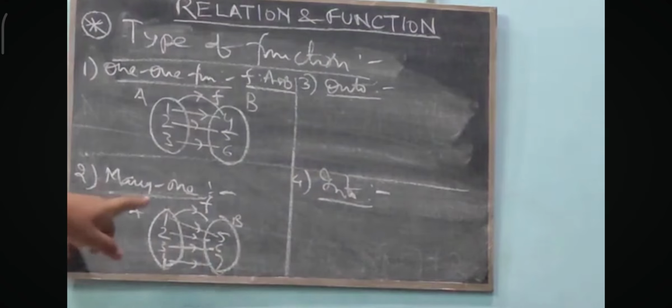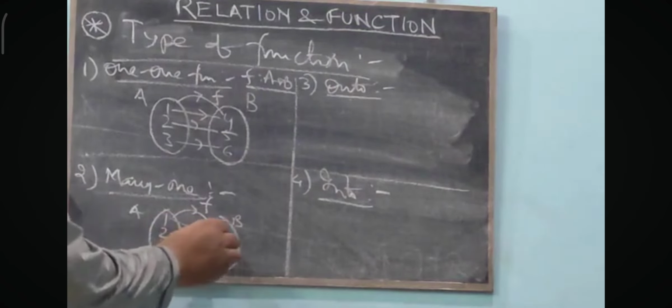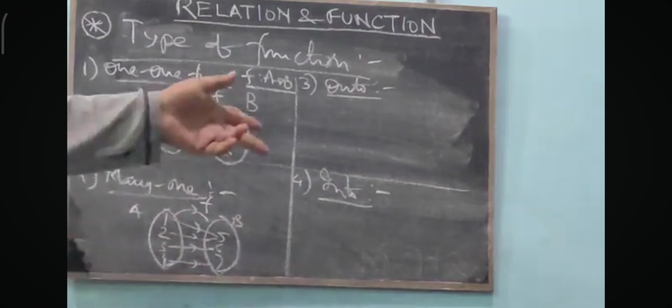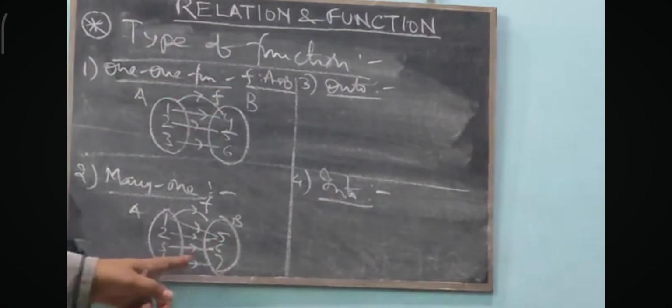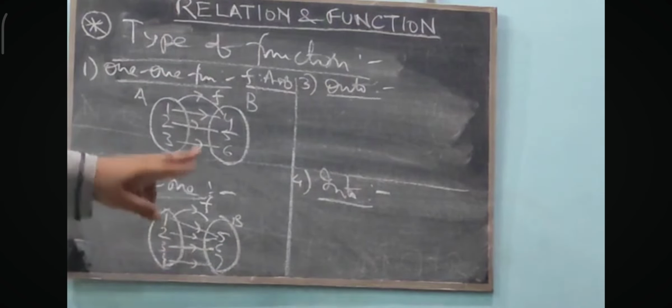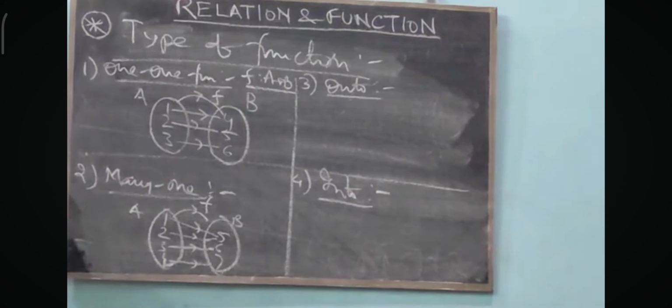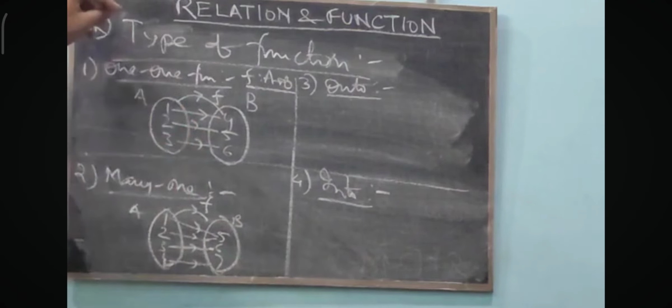Now from the figure we are seeing that 1 and 2 have the image 5. Okay. The other elements may also get a single image. Although 3 is getting 6 and 4 is getting its image as 7. But 1 and 2 are having a single image as 5. Okay. So now we can define it like, if more than one element of domain have a single image in codomain, then the function is known as many-one function.